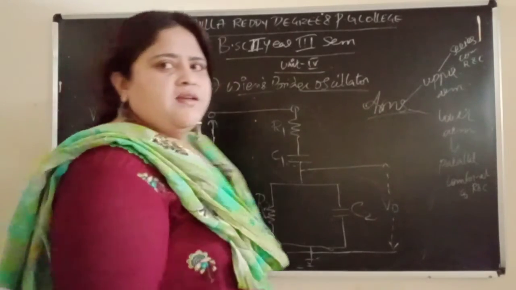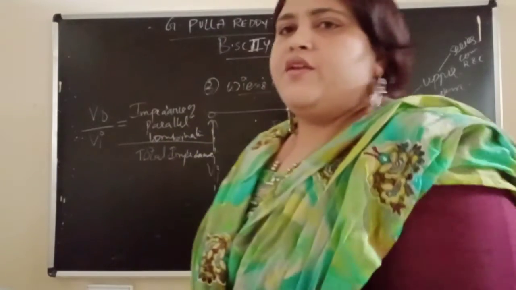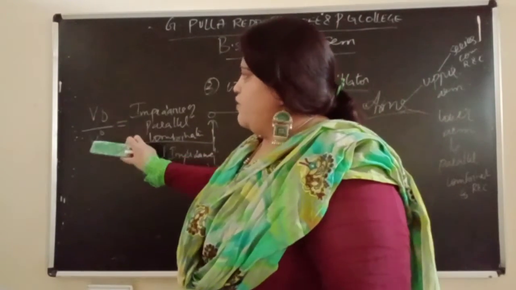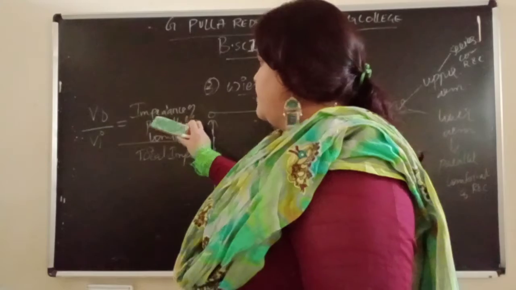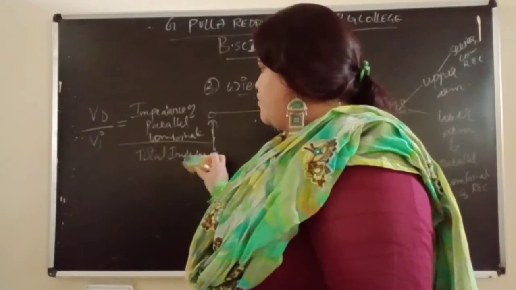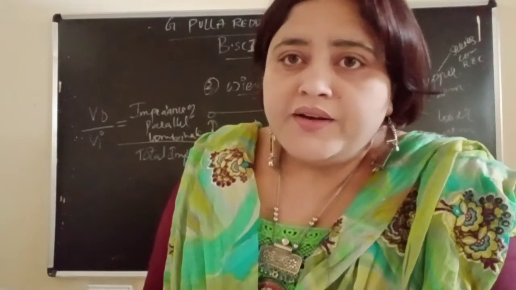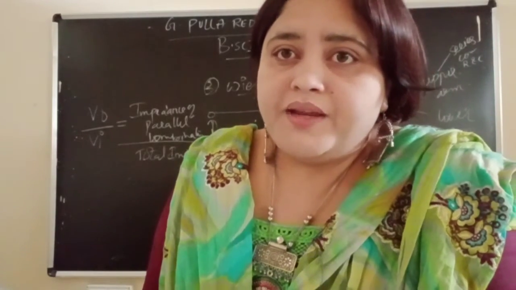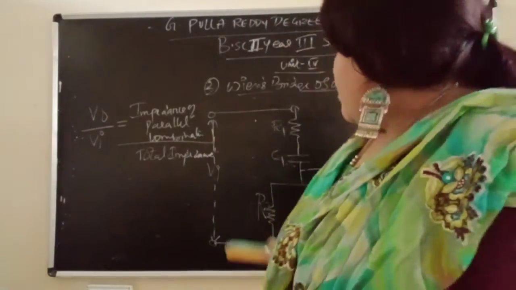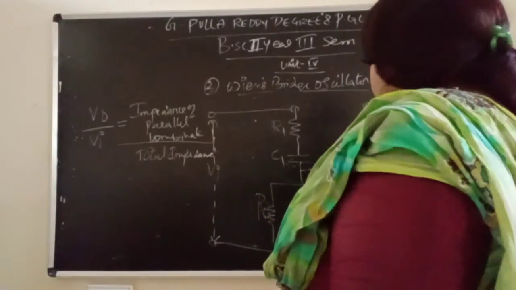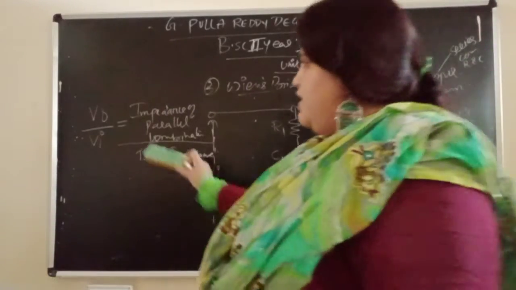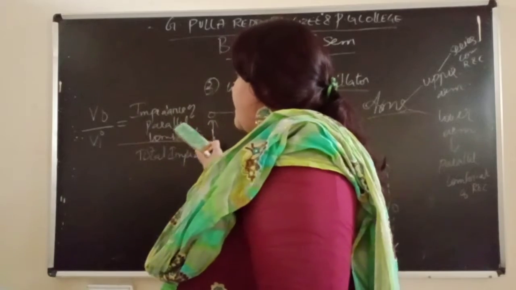From this network we wrote the gain formula, output by input: impedance of parallel combination by total impedance. This is the formula for output divided by input, that is nothing but gain.